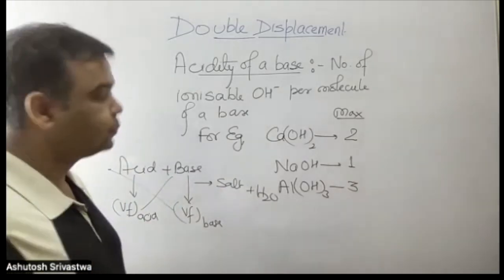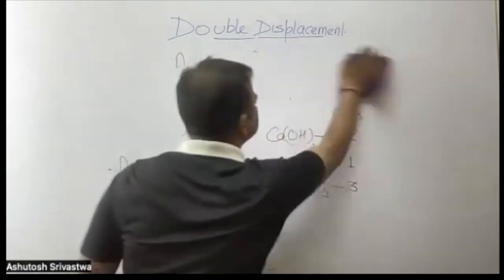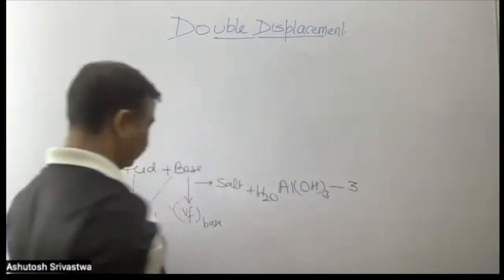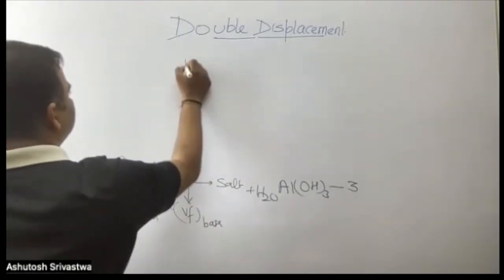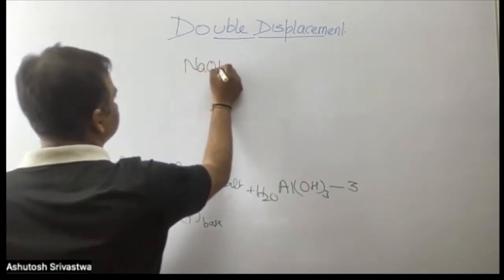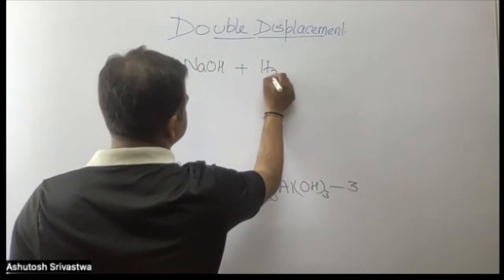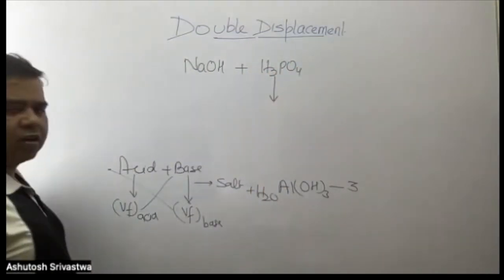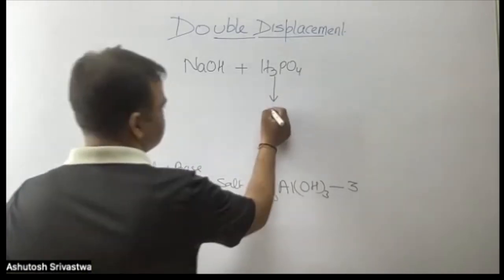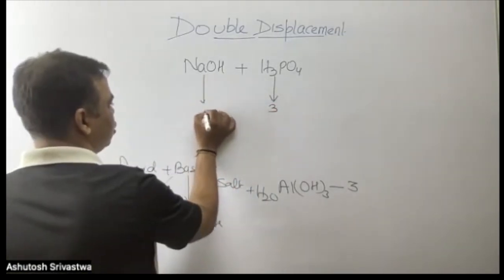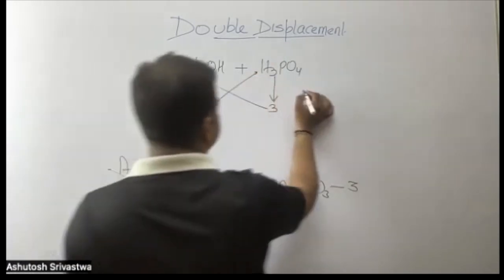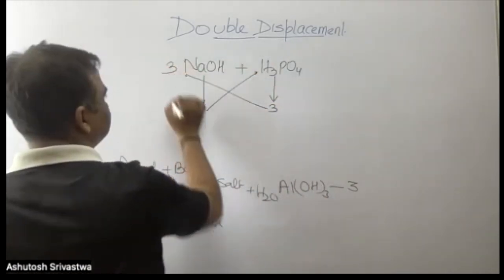For example, suppose I have NaOH and H3PO4. So I know the valency factor of this is 3 because it is containing 3 hydrogen. I know it is 1. So cross multiply, you will see that 3 NaOH plus H3PO4.